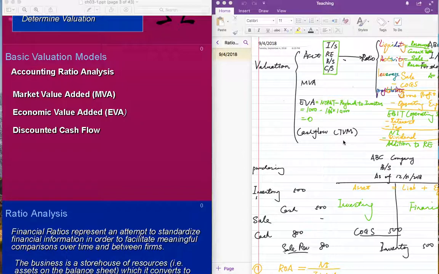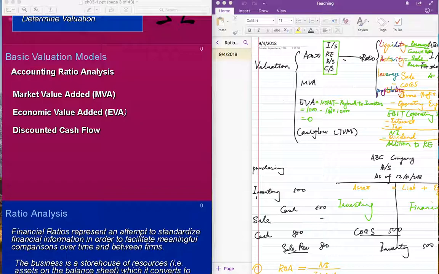So any valuation will be the present value of all the future cash flow discounted using investors' required rate of return. So using cash flow, we calculate what is called the intrinsic value of any object. So intrinsic valuation is the application of the present value of all the future cash flow.